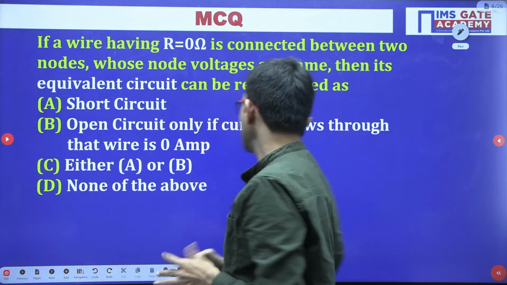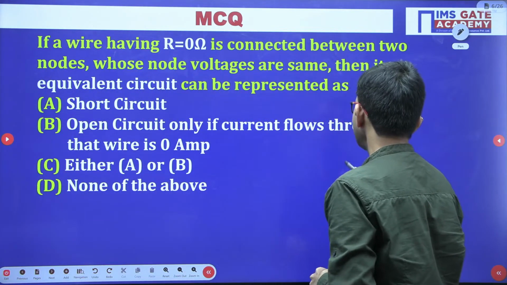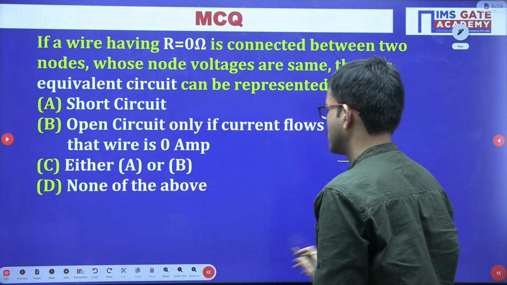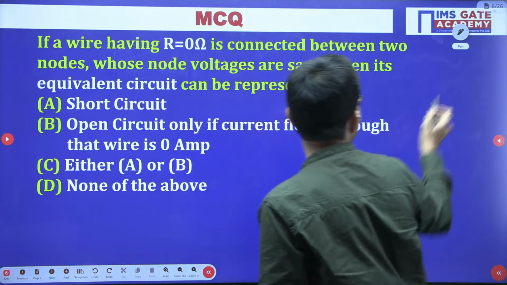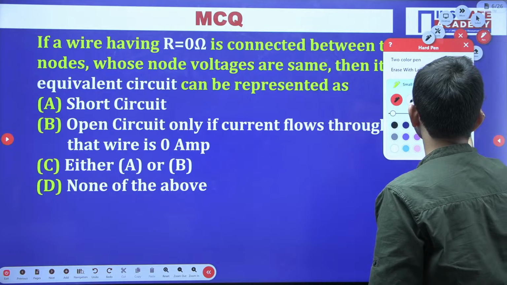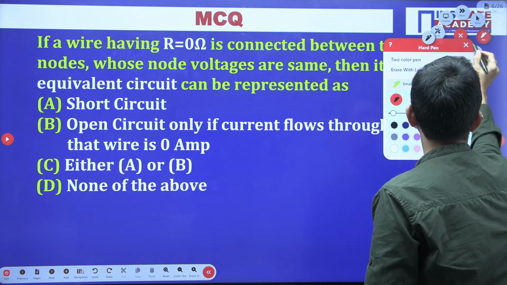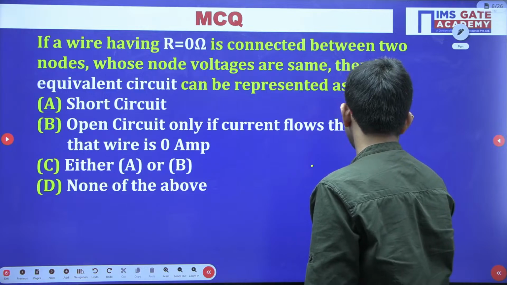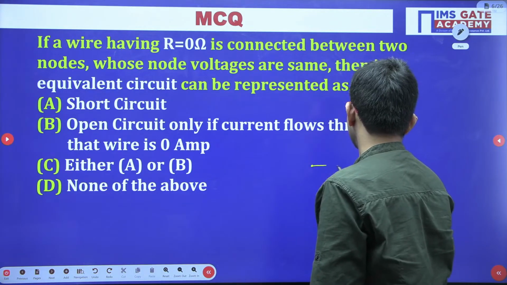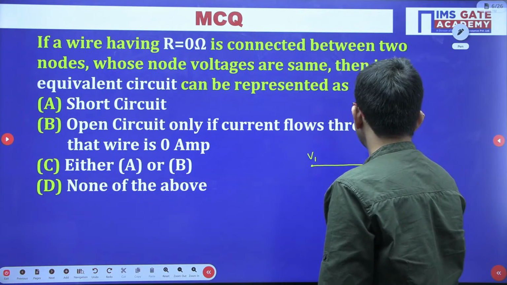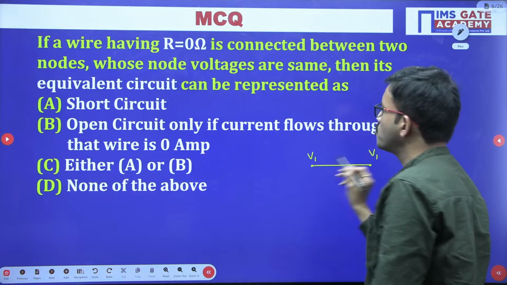See, just you can observe here. You are having two nodes, but the node voltages are same.